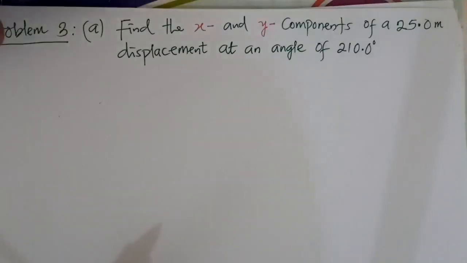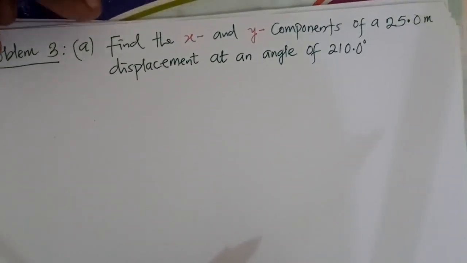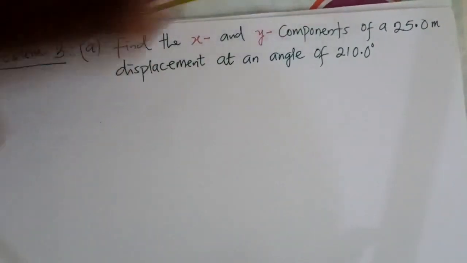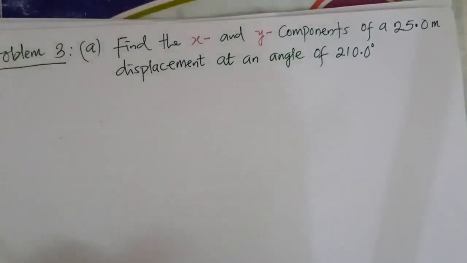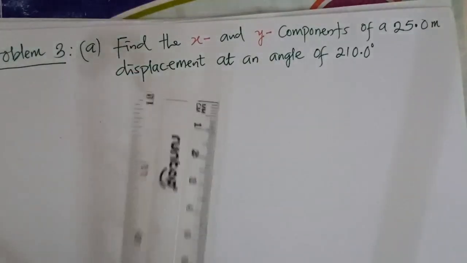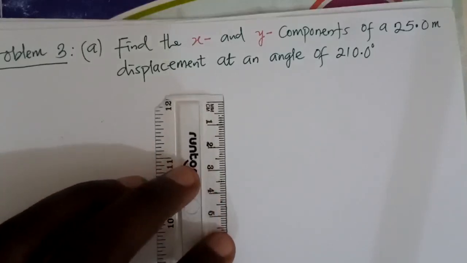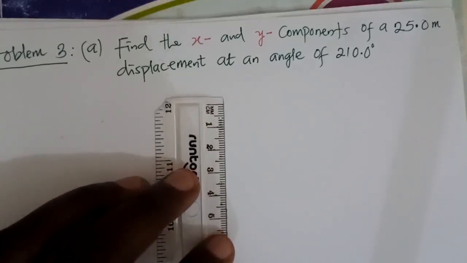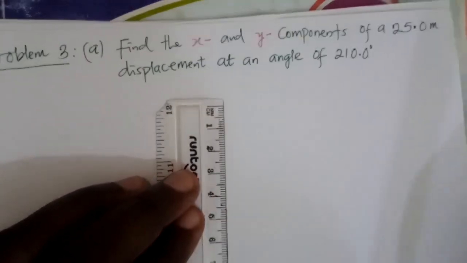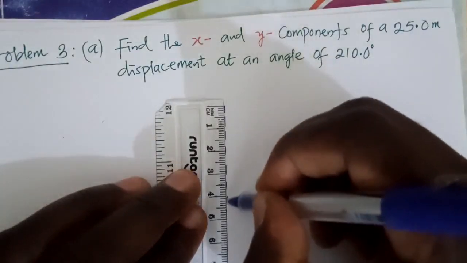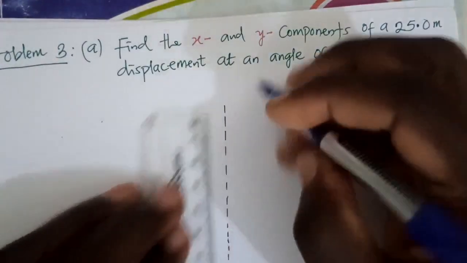I just want to give you the basic knowledge you need to solve the problem. Now, to solve the problem properly, we need to draw the XY plane. Let's see. I am going to use this one to draw the XY plane, and class, I'm going to use my dash line for the planes.